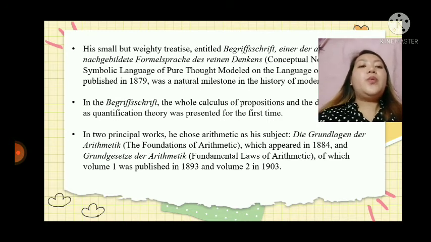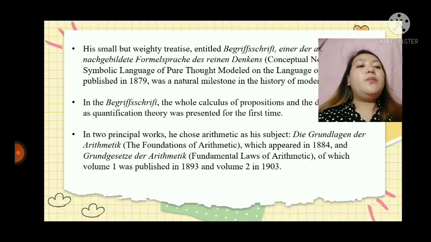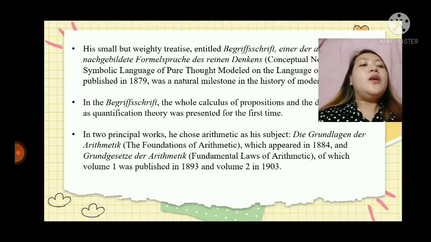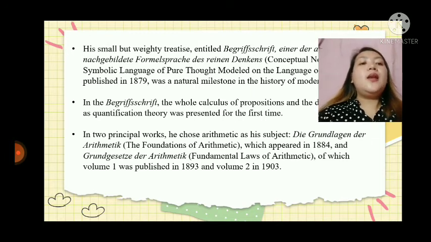In two principal works, he developed the arithmetic of his subject: The Foundations of Arithmetic, which appeared in 1884, and Grundgesetze der Arithmetik, or Fundamental Laws of Arithmetic, of which volume 1 was published in 1893 and volume 2 in 1903.